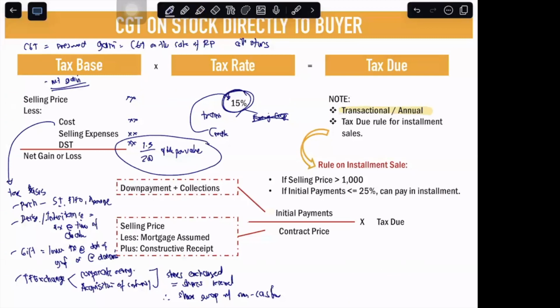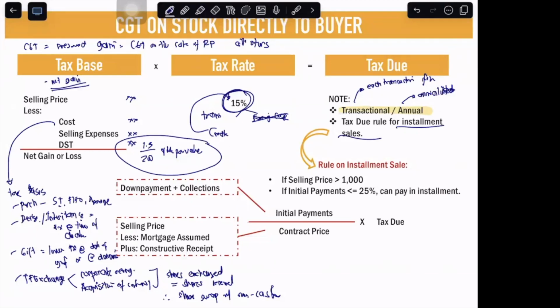What do we mean by transactional? Each transaction we need to file. And then we also need to compute the annualized tax. Furthermore, you can also have installment for the reporting of your tax due.